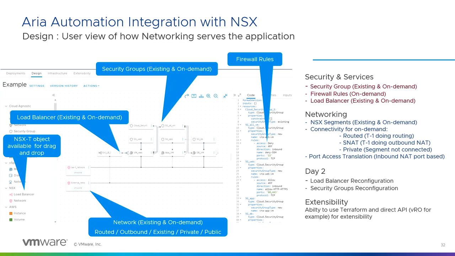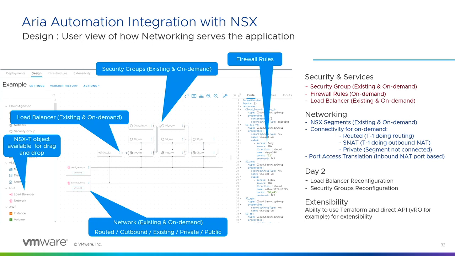You can just drag and drop these objects in the canvas and create your own topology, okay? You can do that with security groups, networks. You can consume existing objects, like connect a VM to existing NSX-T segments, for example, or you can create them on demand.